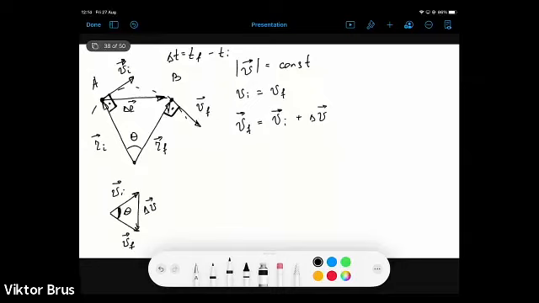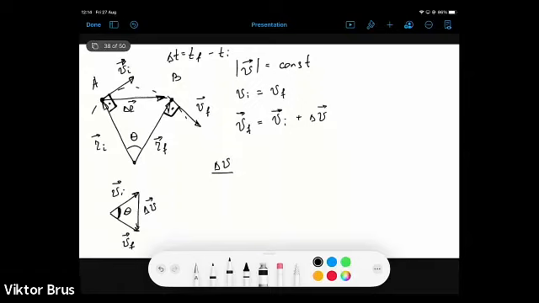So let us consider first this lower velocity triangle, and we can write the delta v. Here I don't put vectors because we deal with absolute values. When we take this ratio between two sides of the triangle, we just take the lengths of these vectors, so they're absolute values.